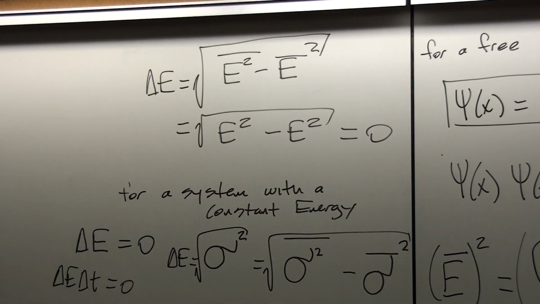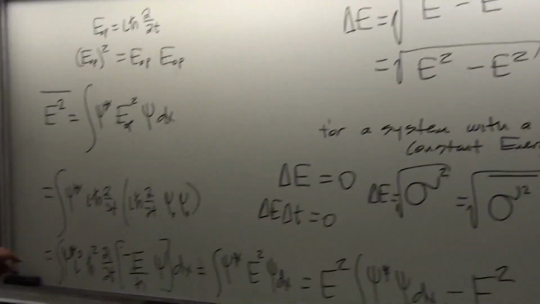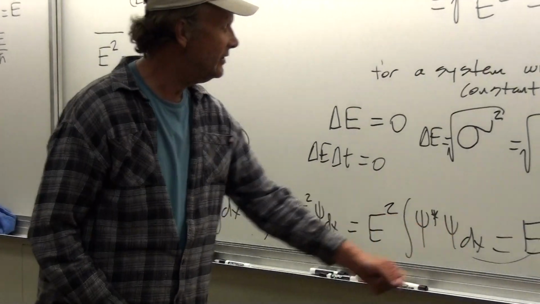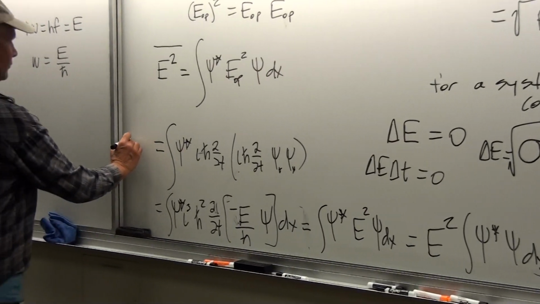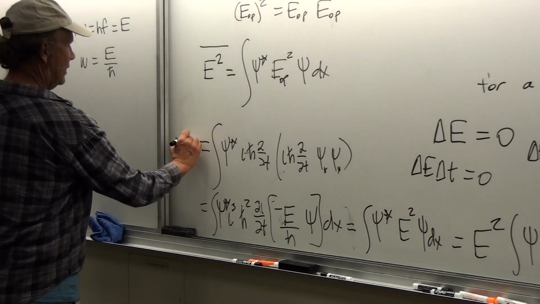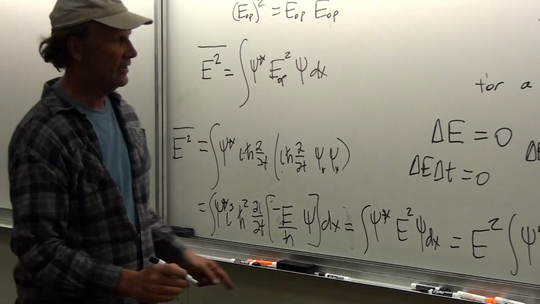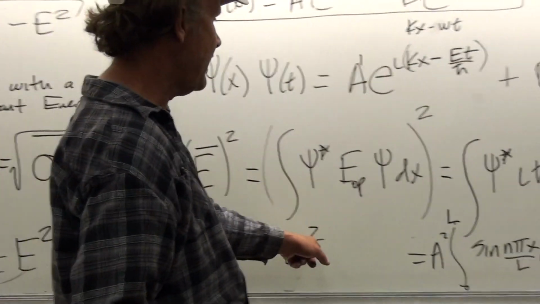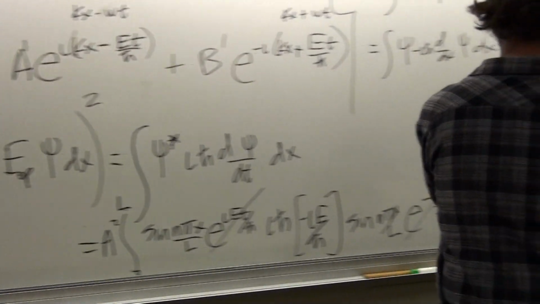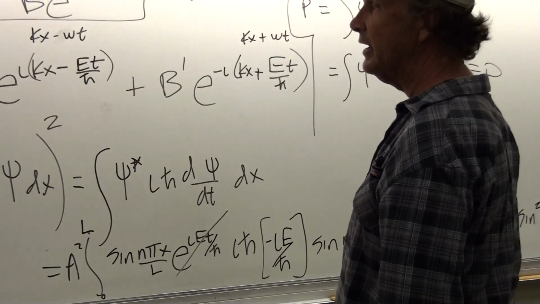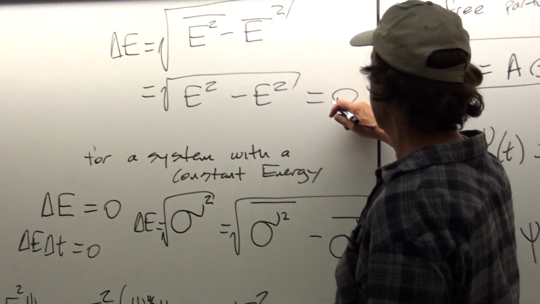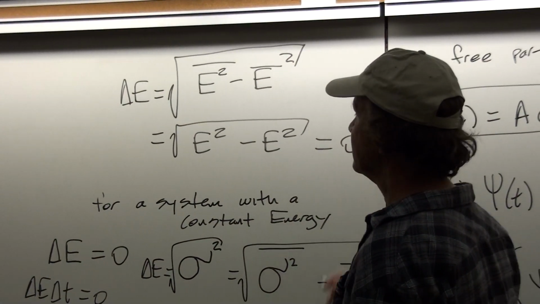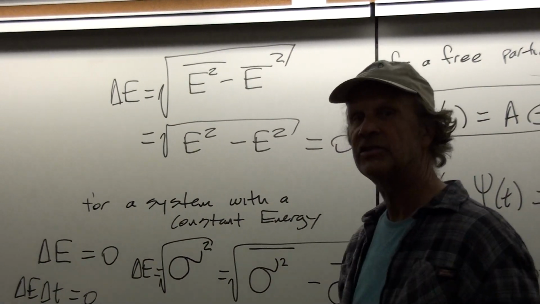So basically what we've shown with this fairly long calculation, first to get the E squared average, and then over here to get the E average squared, is that we're just getting the same thing both ways. And so is it just another way of saying that this system doesn't change its energy ever?